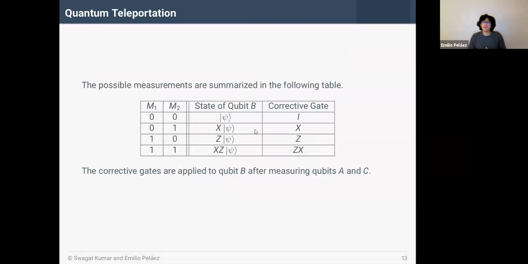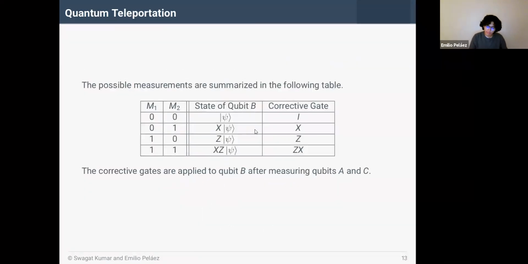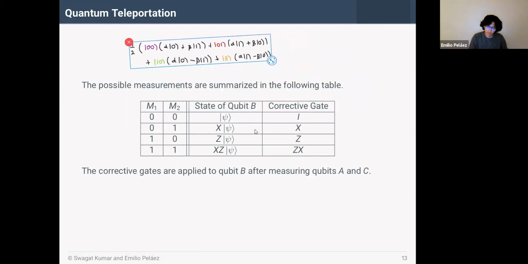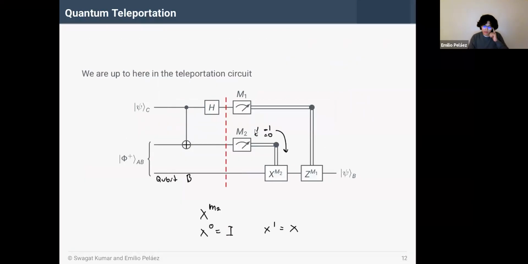So yeah, the possible measurements are summarized in this table. So let me just get this one so we can look at it. Okay, so remember that the first two qubits are qubits C and A, from top to bottom.